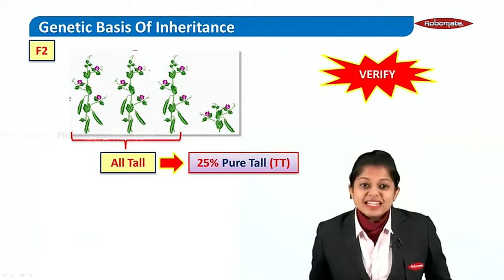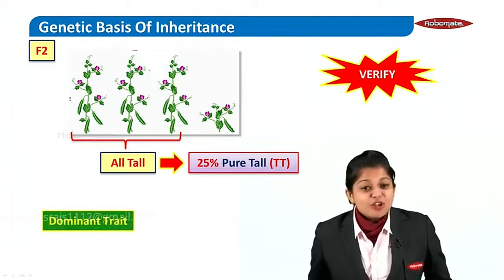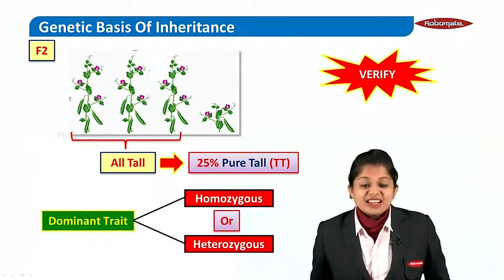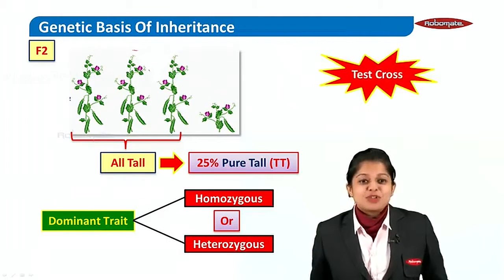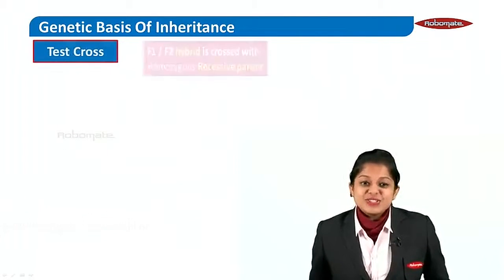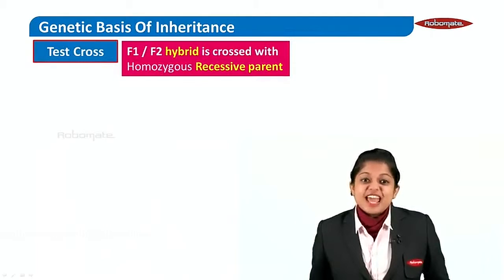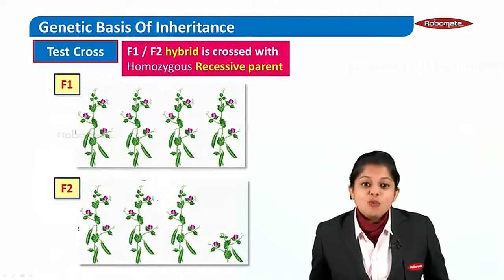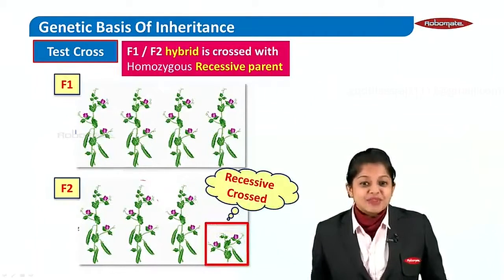Now, exactly to verify which of the dominant trait is homozygous and the other is heterozygous, we are going to use the concept of test cross. Further students, this test cross is something where the F1 and the F2 hybrid is crossed with its homozygous recessive parent.